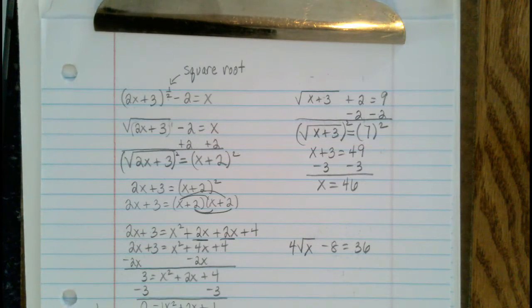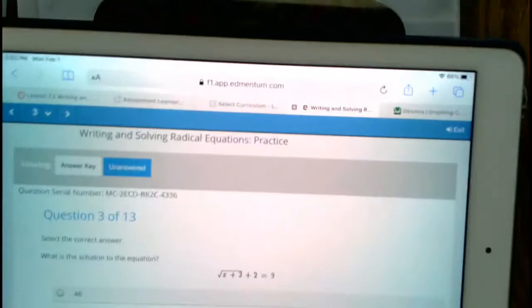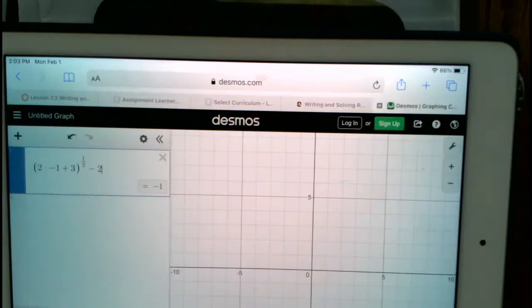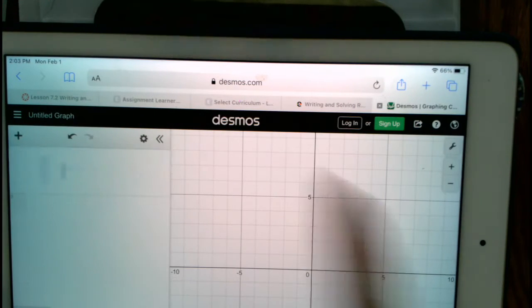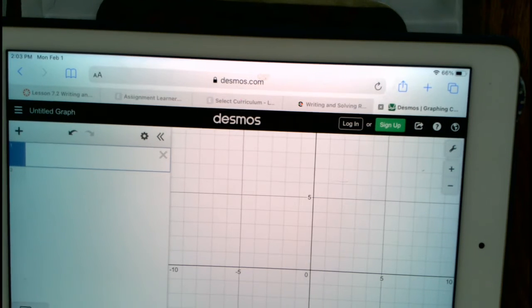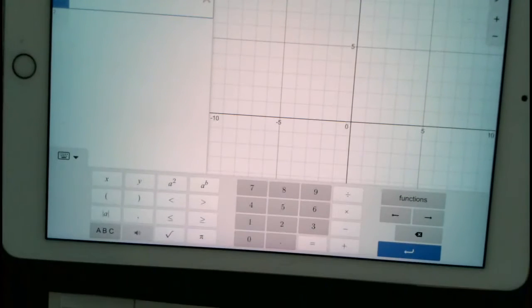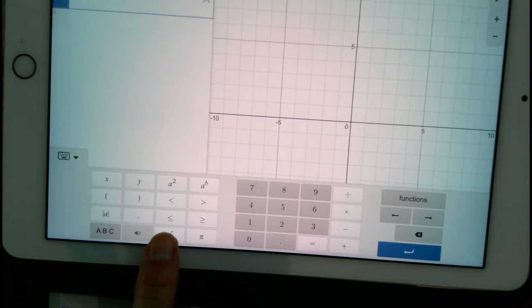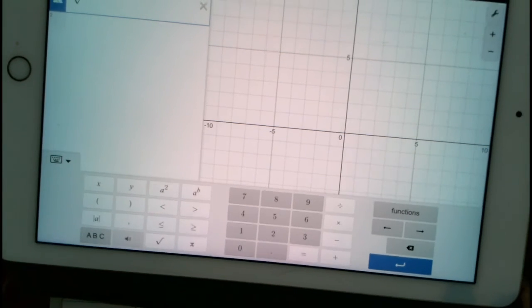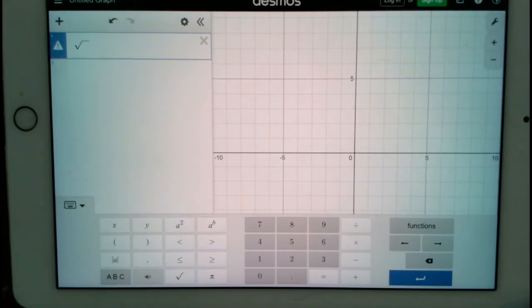So now that we know that, I'm going to pull up Desmos here. What we're typing in, again, is the 46. Here's the square root button, at the very bottom here. Square root of 46. My screen won't show the whole thing.